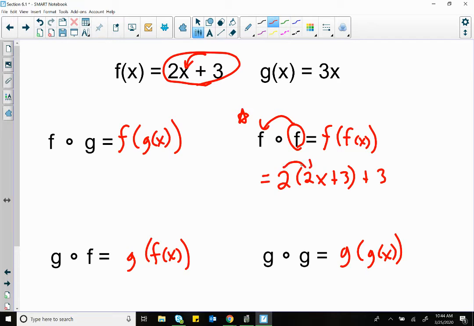So if we distribute through, you get 4x plus 6 plus 3. And then when you combine like terms with the 6 and the 3, you get 4x plus 9. And that is fof. Okay? Go ahead, pause the video, try the other 3.